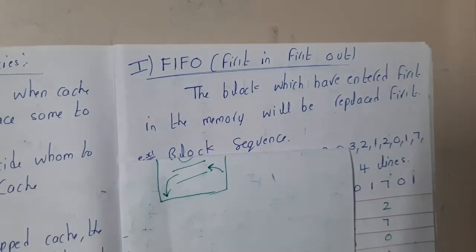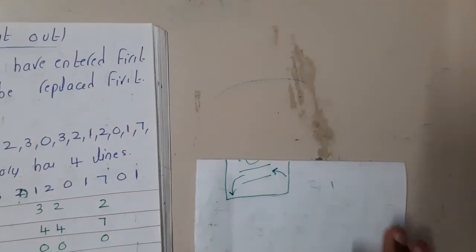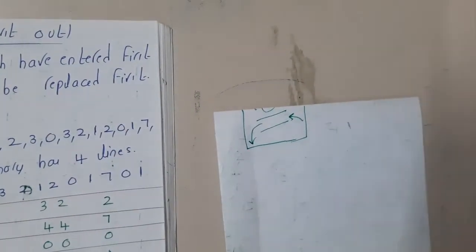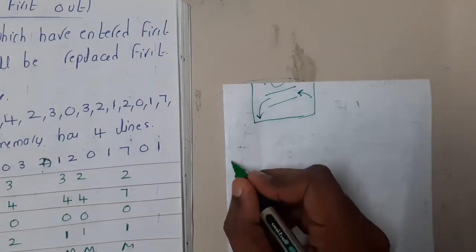Most of the students will be like, we understood something, but we don't know what we understood. So let us take a small example so that you can understand it 100% clearly. Please take a piece of paper, everyone.